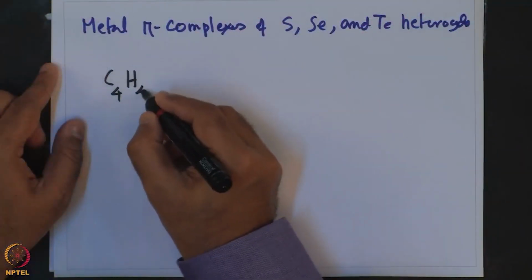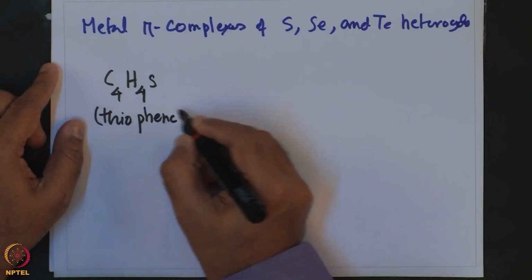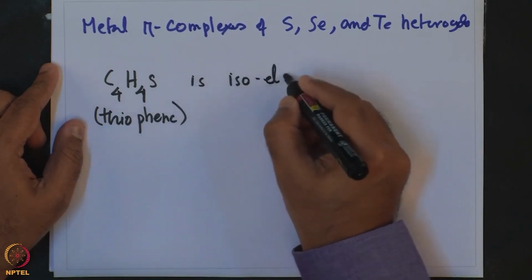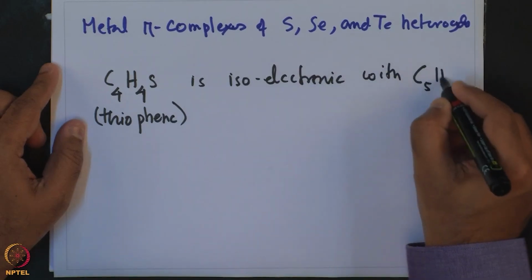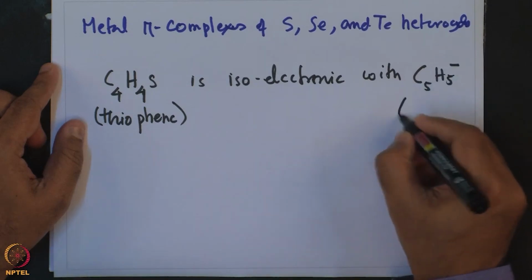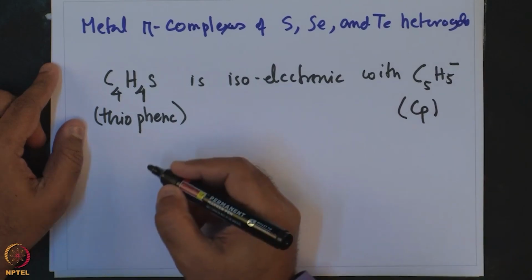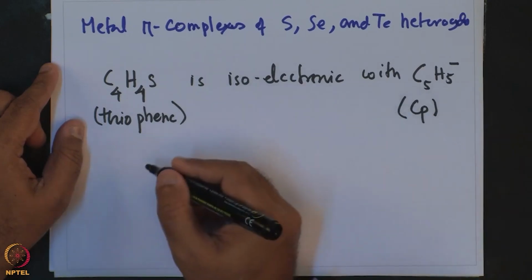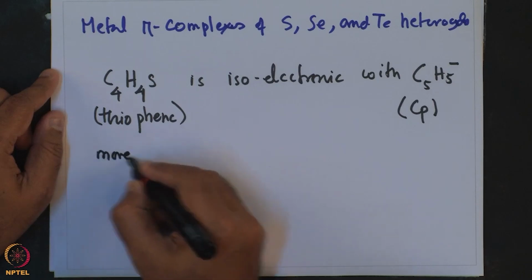Though thiophene, C4H4S, which is what it is popularly called, is isoelectronic with the C5H5 minus ligand, or rather the cyclopentadienyl ligand, Cp ligand, thiophene behaves as more weakly basic, like benzene.